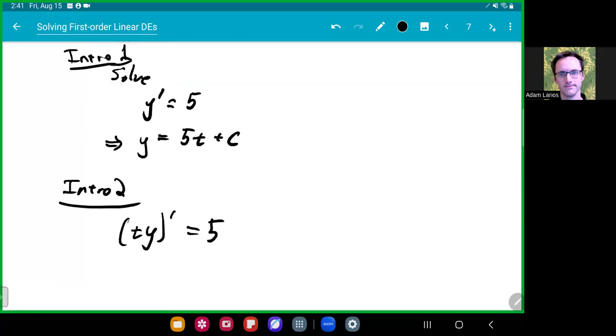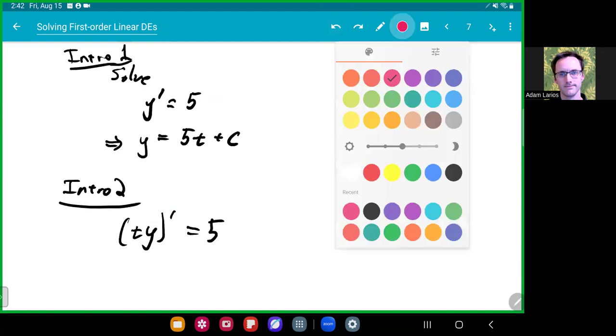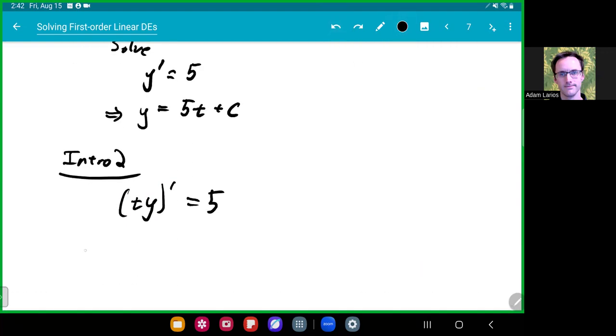In fact, it's pretty much the same form as what we had before. It's just that instead of a y, we have a ty there. So if I think of this as some type of blob prime equals 5, I can solve for blob in exactly the same way as I did before. So it applies as before.